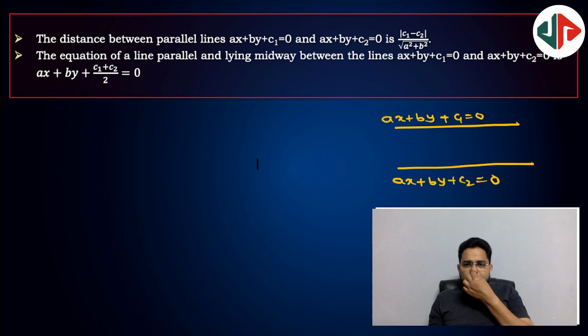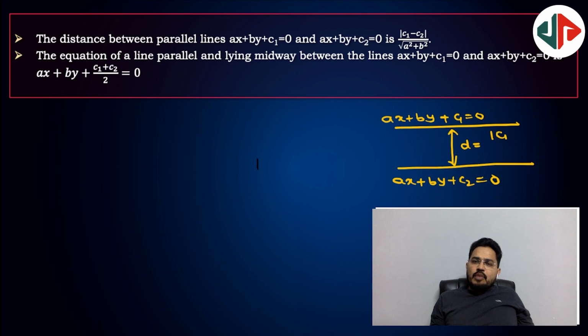The slopes are equal, so they are said to be parallel. What will be the distance between these two? The distance D is equal to modulus of (C1 minus C2) by root over A square plus B square.